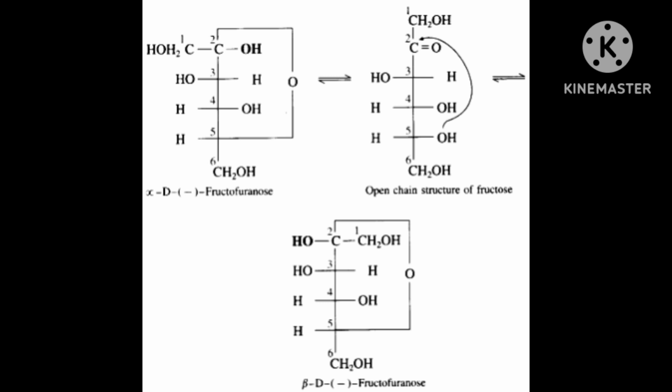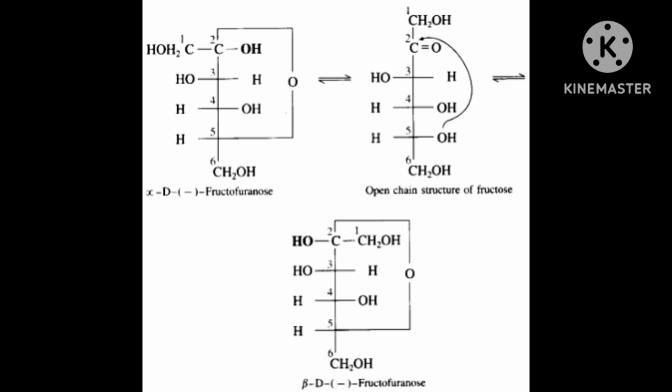On the basis of the reaction, it was found to contain a ketonic functional group at carbon number 2 and 6 carbons in a straight chain, as in the case of glucose. Same way, already I have discussed it. This also has an open ring structure.